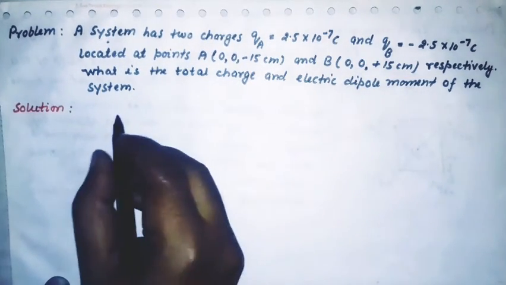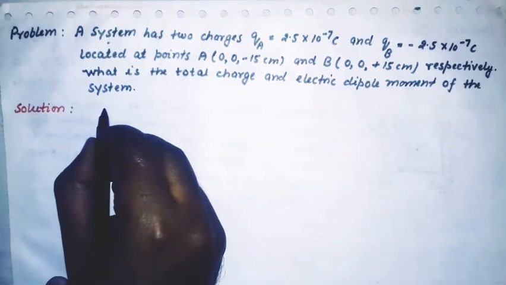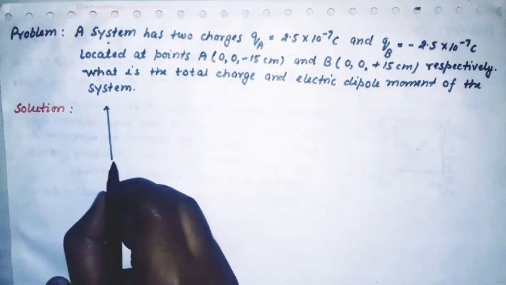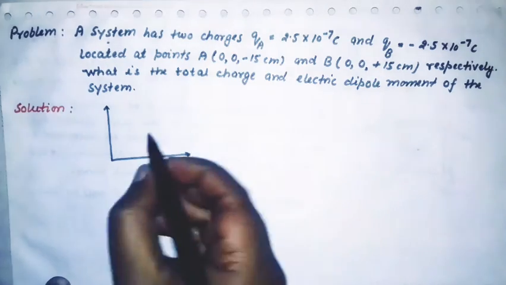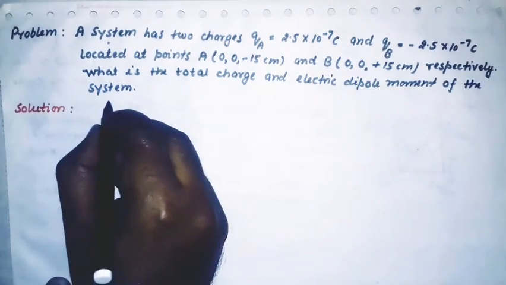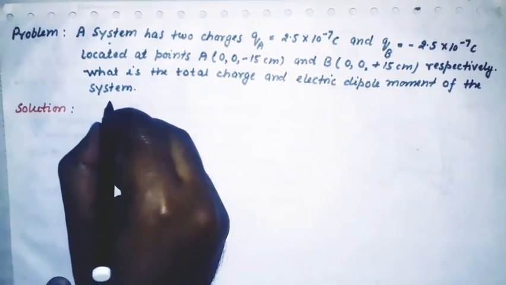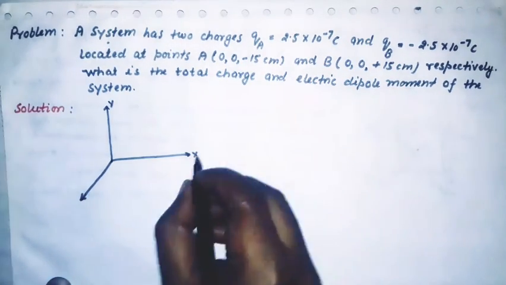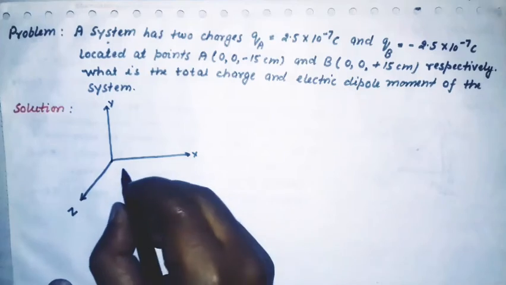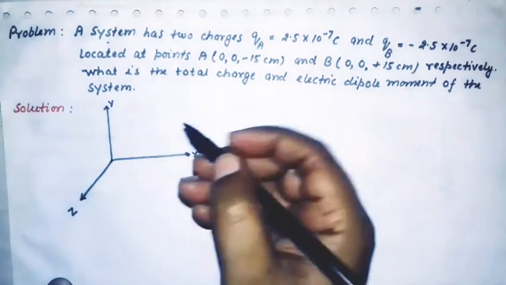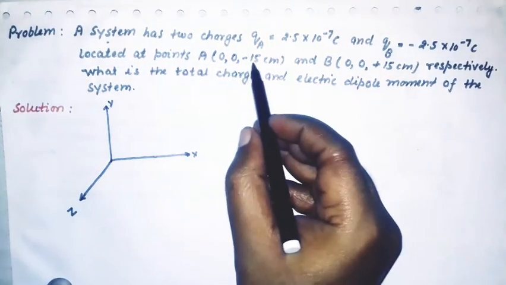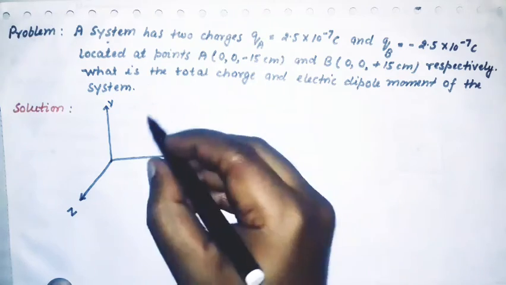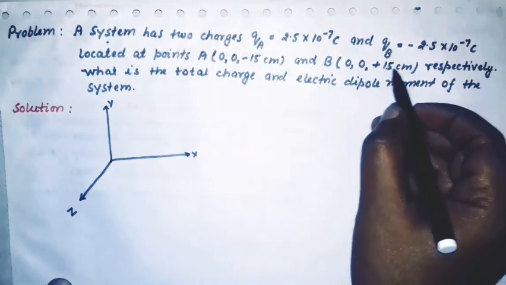So first we will draw the given things. Suppose this is our XY plane, and perpendicular to this XY plane will be the z direction. Our points are 0, 0, minus 15 centimeter and 0, 0, plus 15 centimeter.